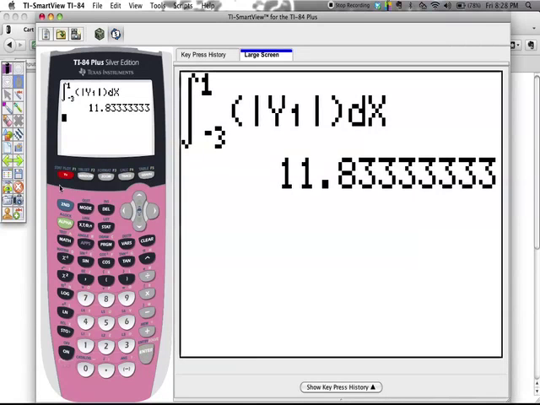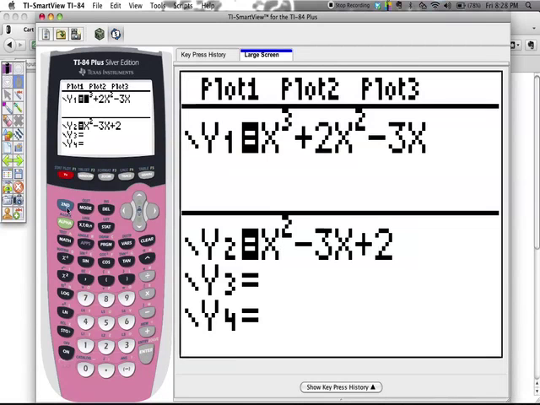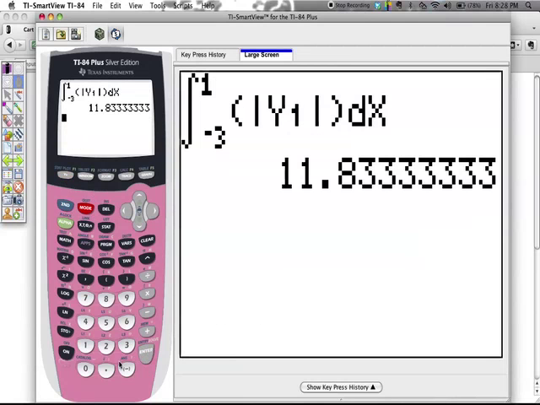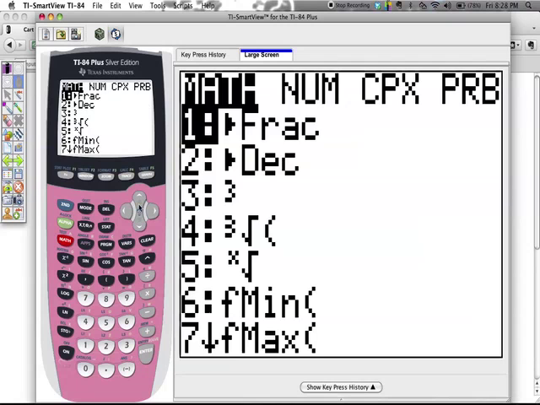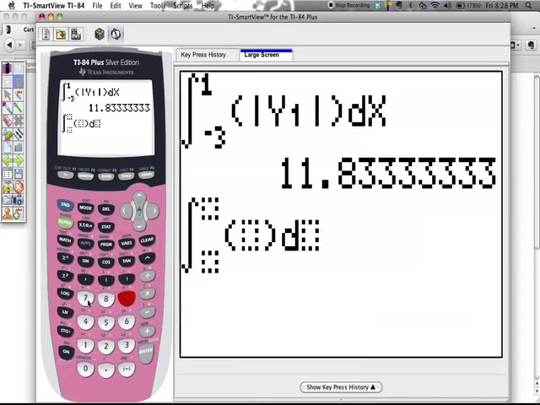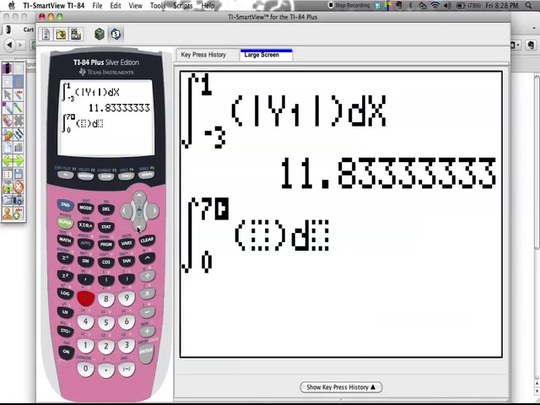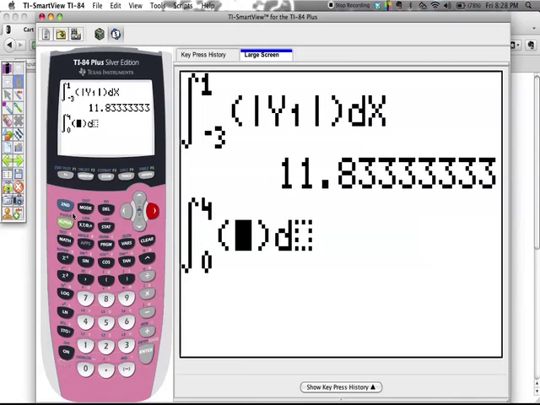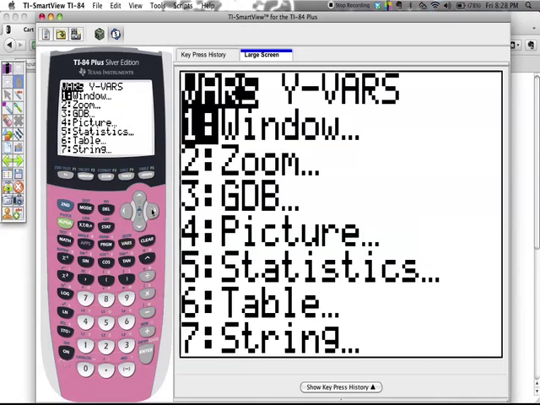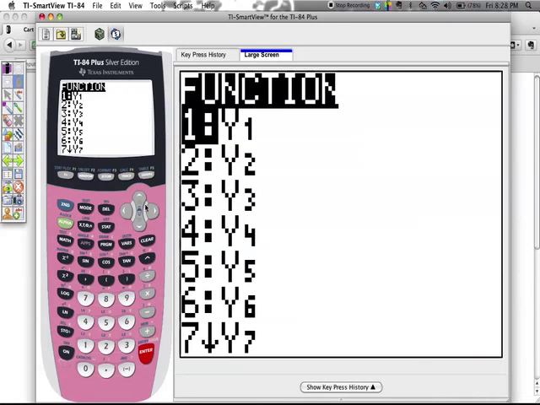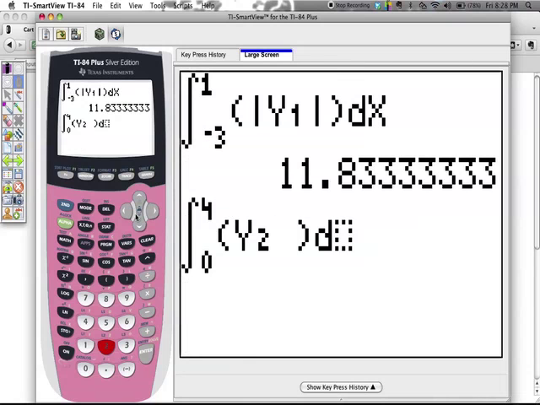And notice into y2 on my calculator I put in that velocity function. And I'm going to integrate now from 0 to 4. And if I just put in my y2 variable here, think about what this is going to give me.